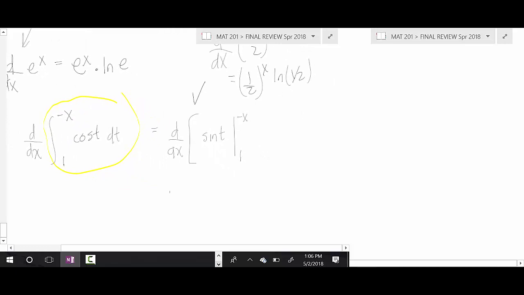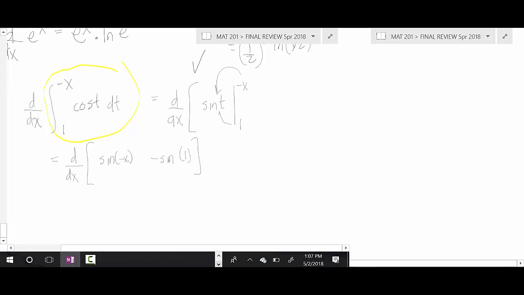We've learned how to do definite integrals, so when you bring this down, we're going to have the derivative of sine of negative x, plug in the upper limit, then plug in the lower limit, and then do the derivative. Okay, you with me so far?